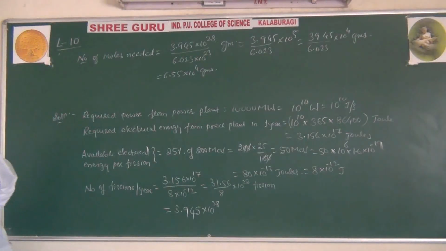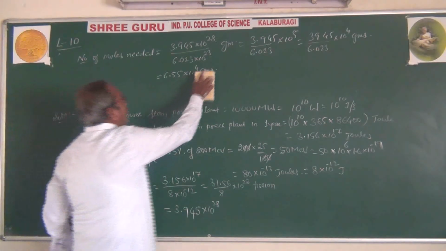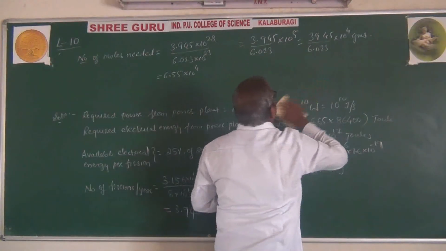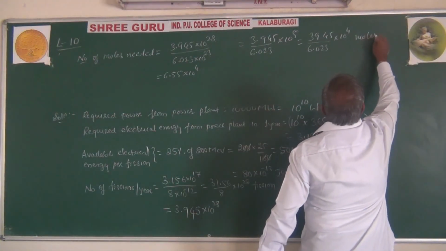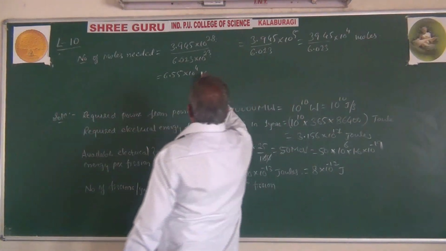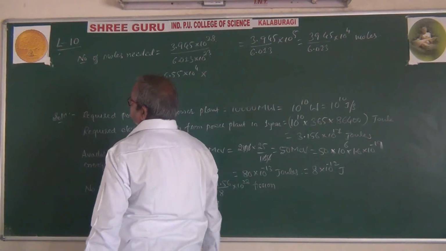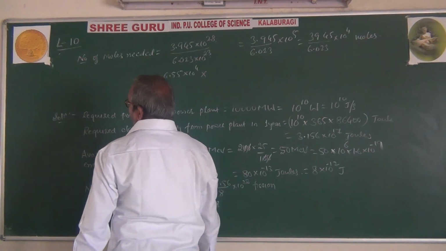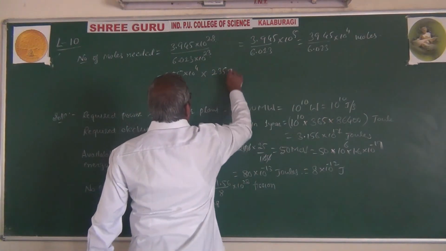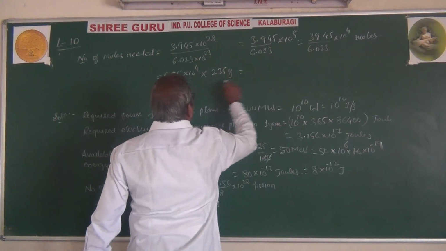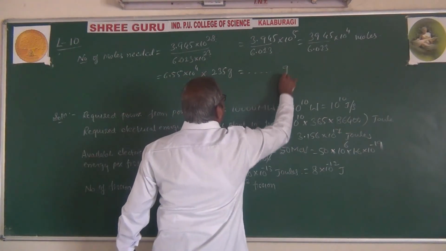How much do you get? 6.55, this is the number of moles we are going to get. This is multiplied with uranium 235. 1 mole of uranium 235 is 235 grams. The equivalent mass of uranium 235 is 1 gram equivalent, equal to 235 grams. So multiply by 235 grams, and this answer will be in terms of grams.